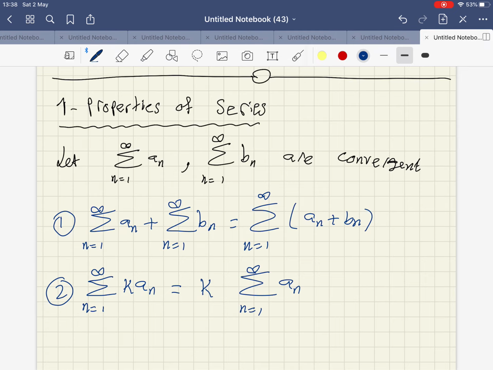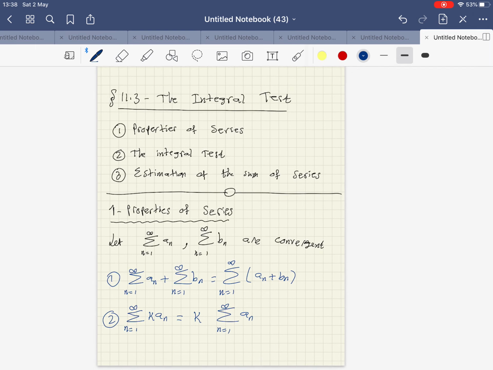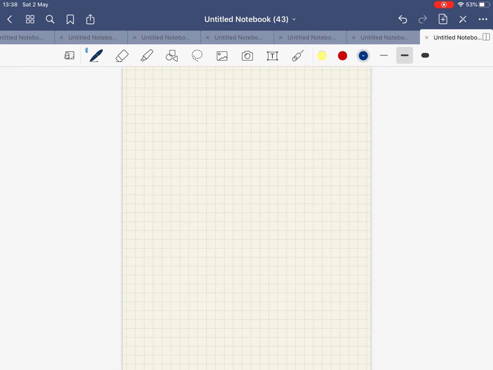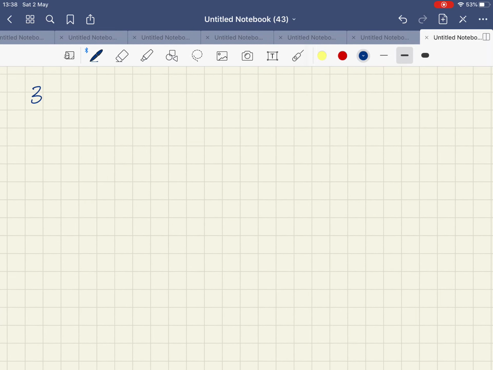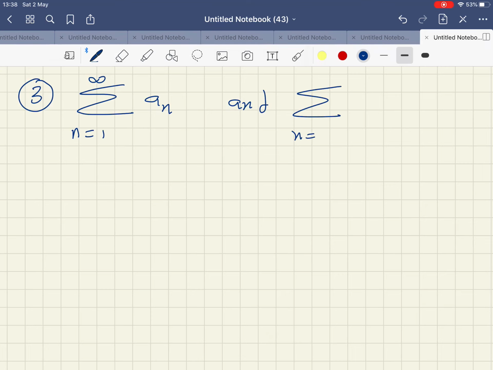Now, the third one is the most important one, and let me do it on a different page. And that's where I want to reach, this one and this series. Can you tell me what's the difference that you can see between the first and the second?